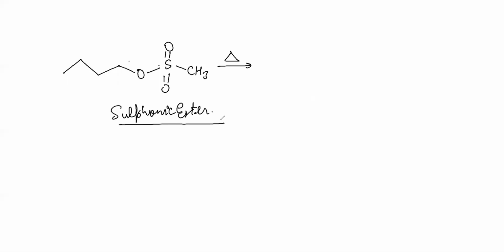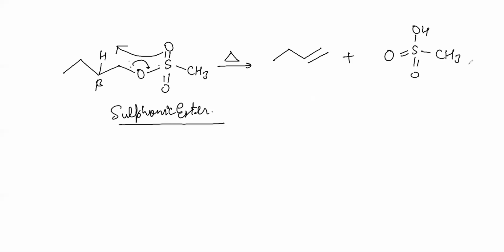Make it fast. One, two, three, four. So butene plus CH3 sulfonic acid. It is called methane sulfonic acid.